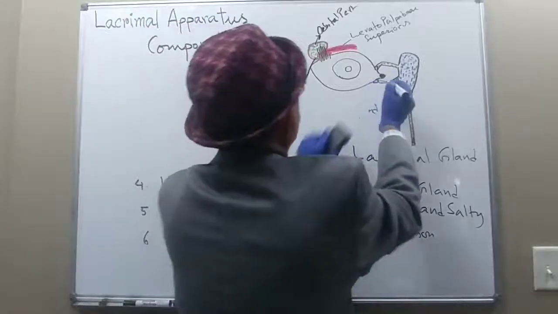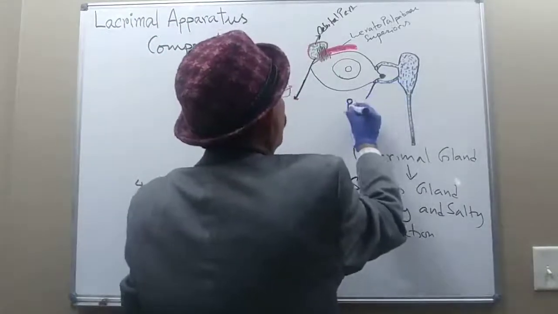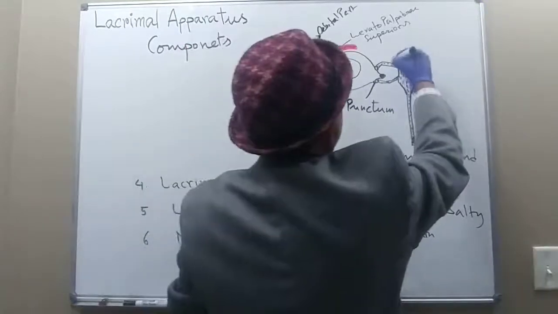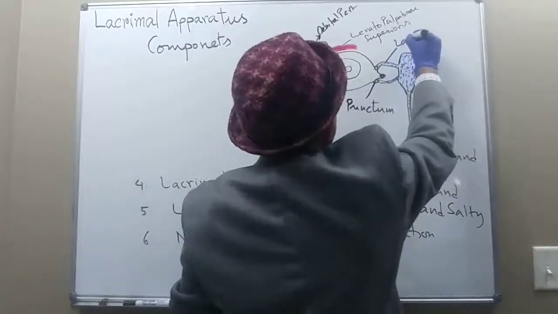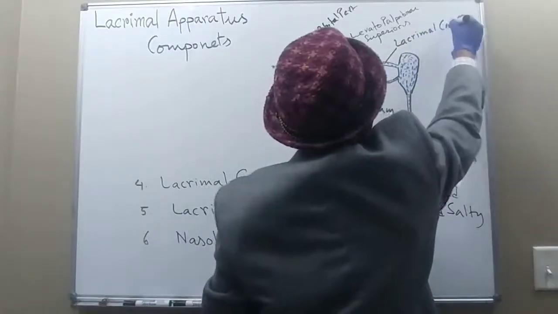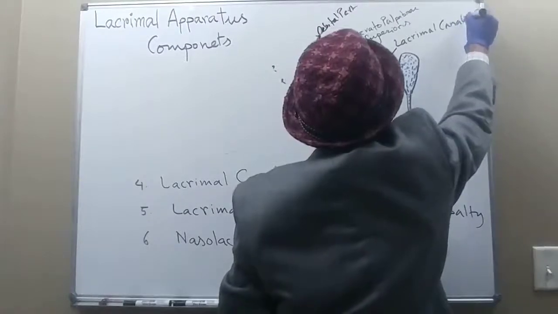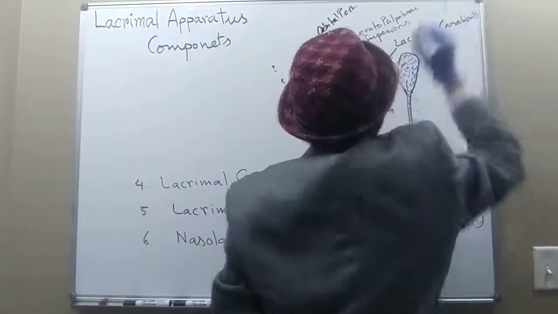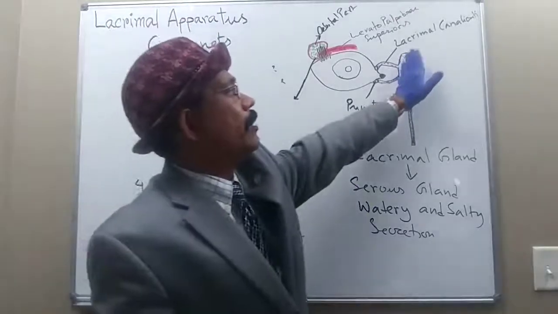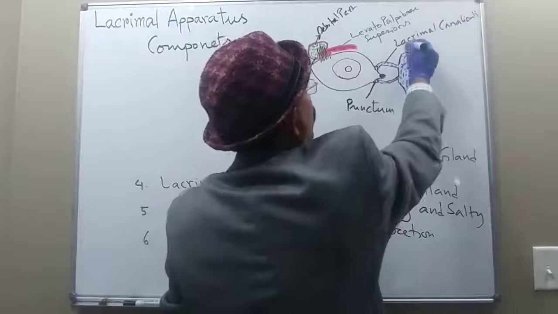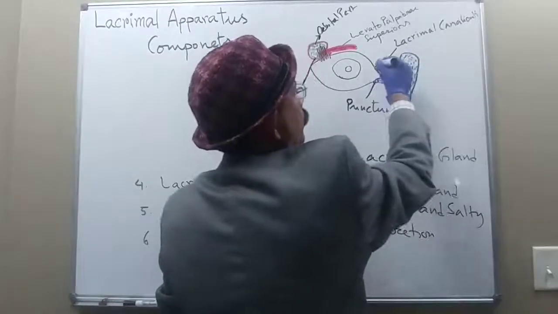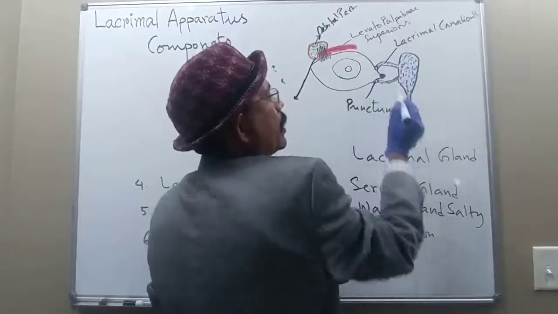These are the puncta, and these are the lacrimal canaliculi. Lacrimal canaliculi are small canals that open into the lacrimal sac. We have one lacrimal canaliculus here, another one here. This is one punctum, this is another punctum.